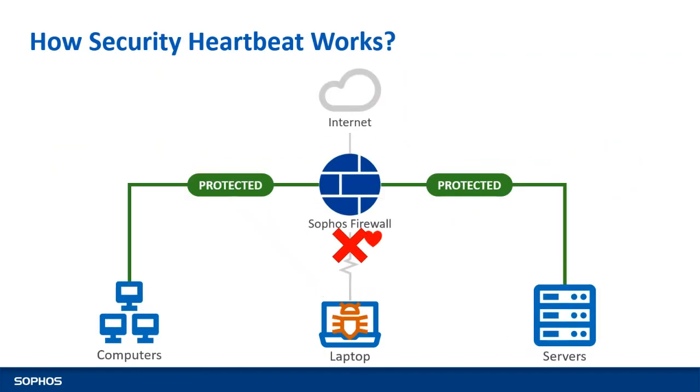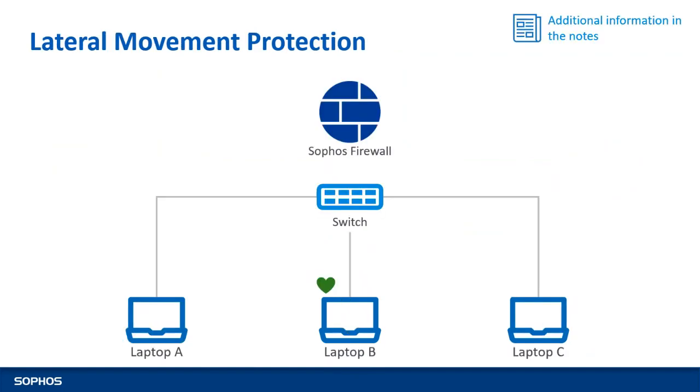Okay, so in this example, the firewall can protect computers where traffic needs to pass through a firewall, but what about computers connected through a switch? This is where lateral movement protection comes into play, okay?